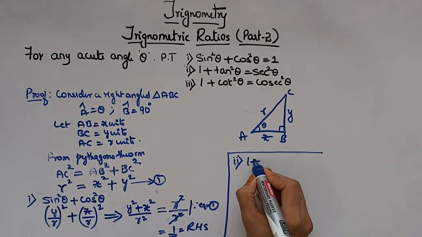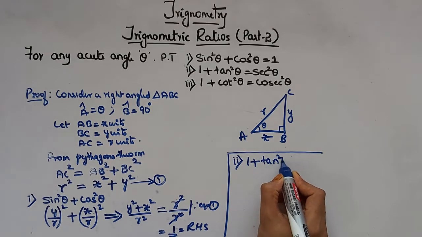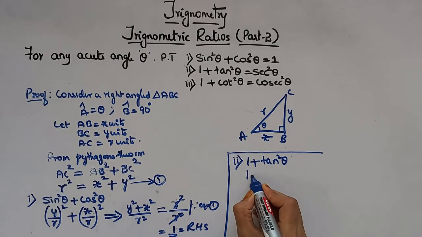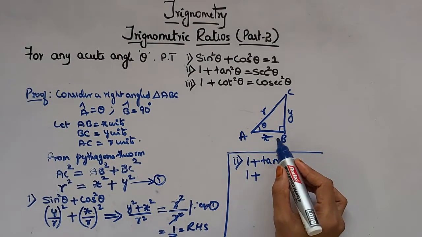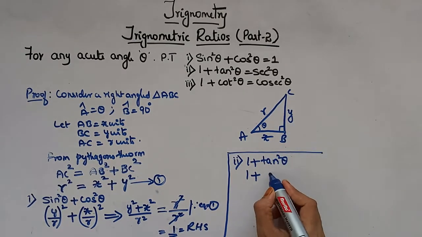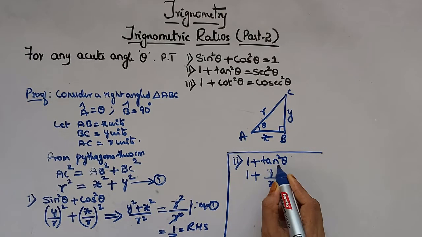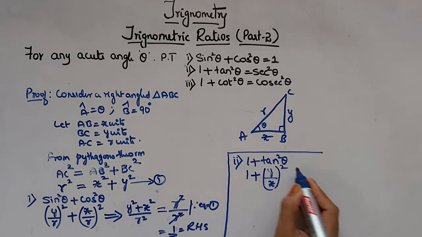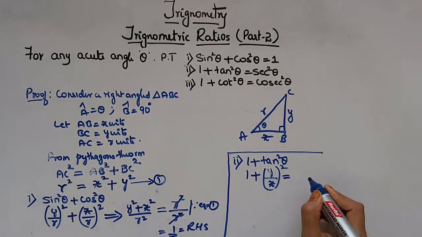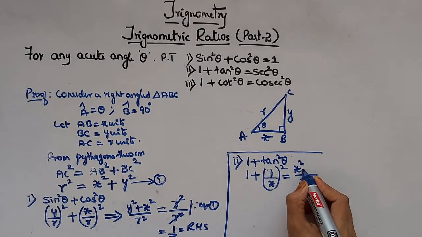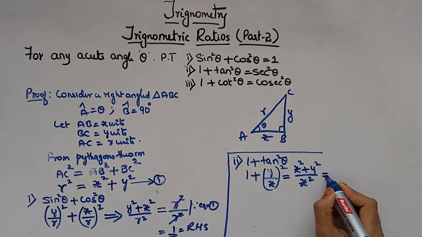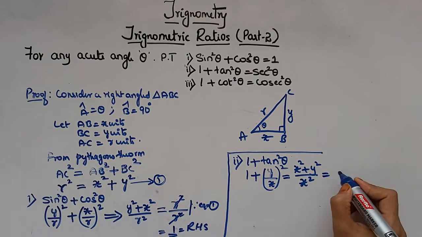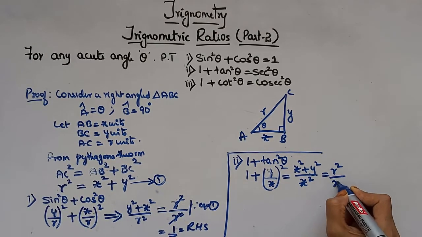Here we have 1 plus tan square theta, right? So 1 plus, now what is tan theta? Tan theta is nothing but y by x, right? Here it is square, so this whole square. So by taking LCM, we have x square plus y square, and again x square plus y square is nothing but your r square by x square.